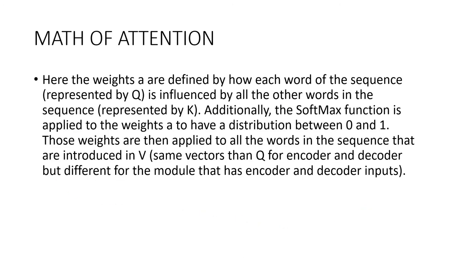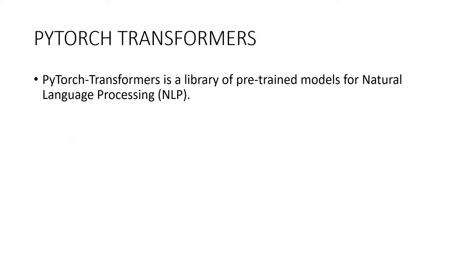So you understood the math of attention. Here the weights are defined by each word of the sequence that is influenced by all other words in the sequence. We are using softmax function to get an output between 0 and 1. Now I am getting into the PyTorch-Transformers for the implementation.